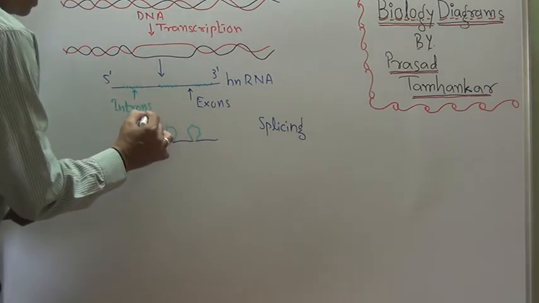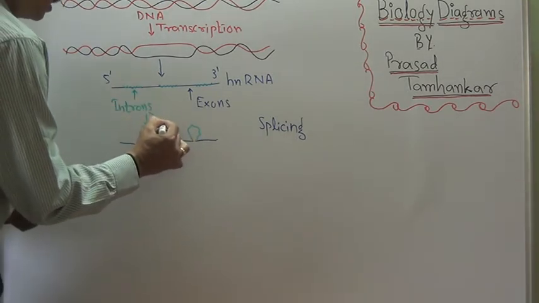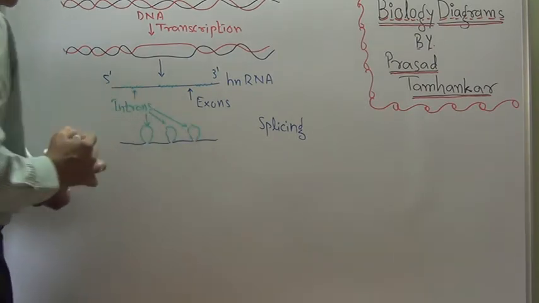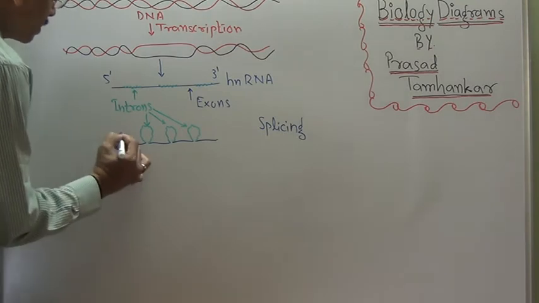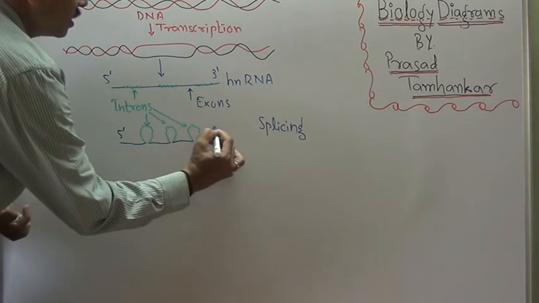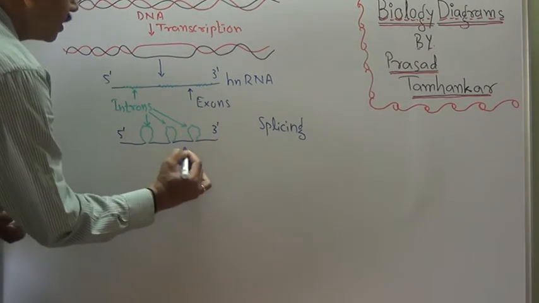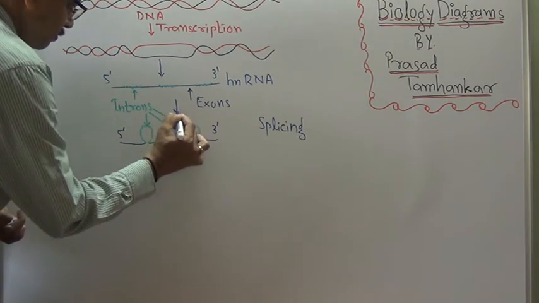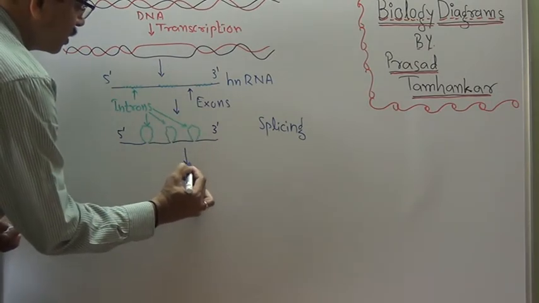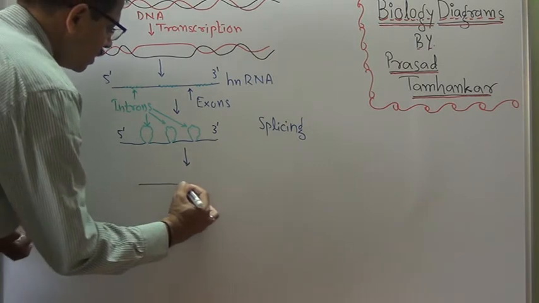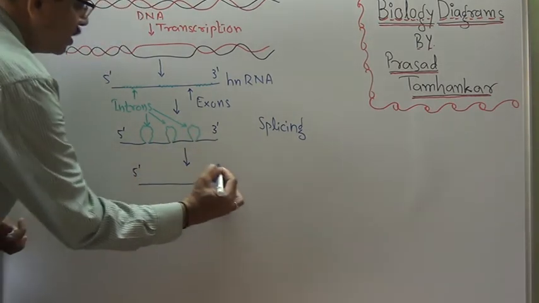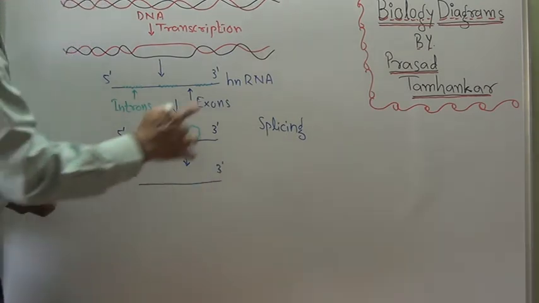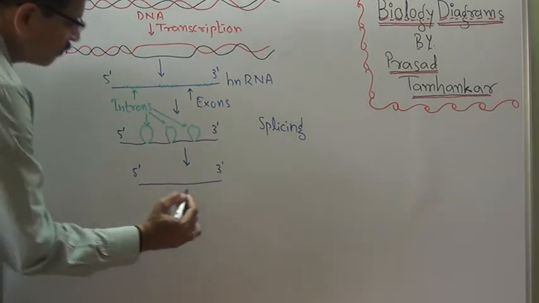So all these are introns. Again we will show these are introns. So introns will be removed, and then what remains is, again this is the 5' end, this is the 3' end. So the result of this is only exons remaining. Now this is the 5' end, this is the 3' end. This entire process is called splicing.